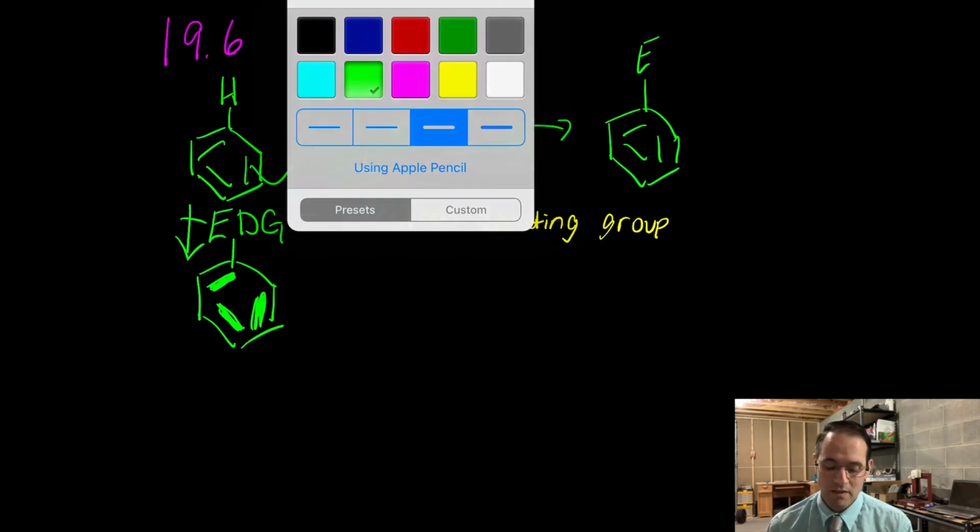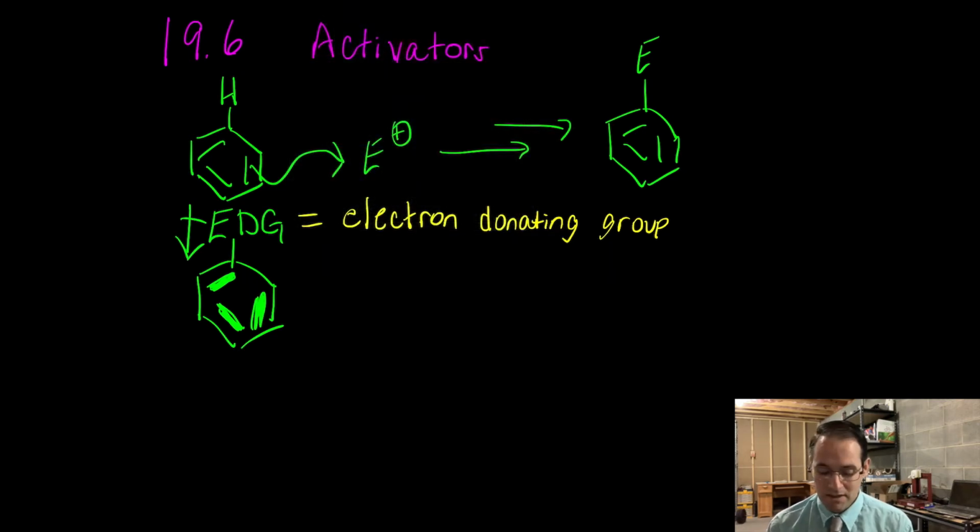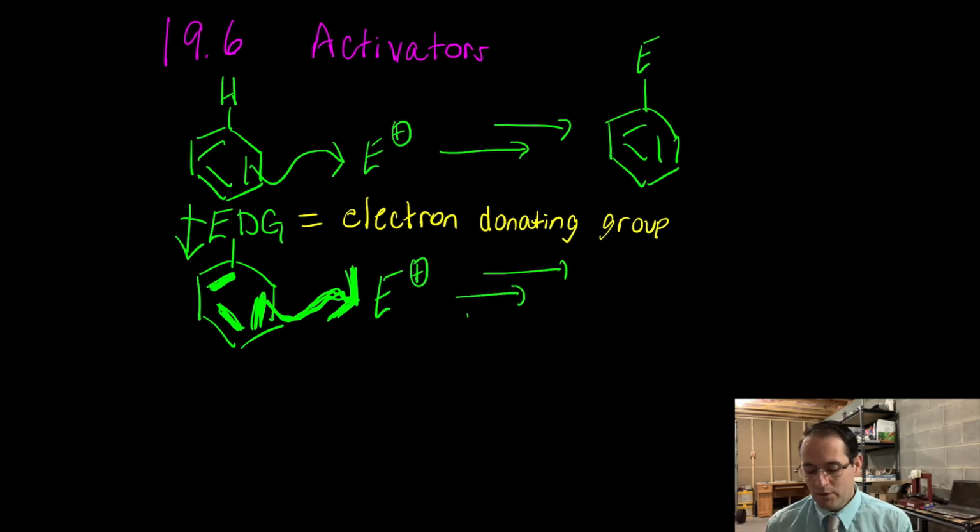And when the pi bonding electrons attack an electrophile, they're much more readily able to, and so I'm kind of using a bold arrow to denote that, and that's going to attack the electrophile, and that's going to be faster. Okay, so that's what the word activation implies. So electron donating groups are activators of the aromatic system.